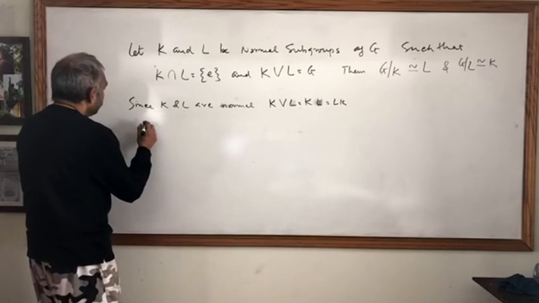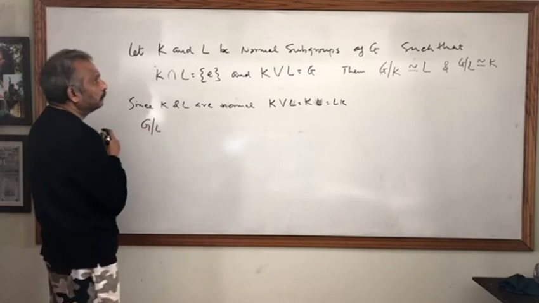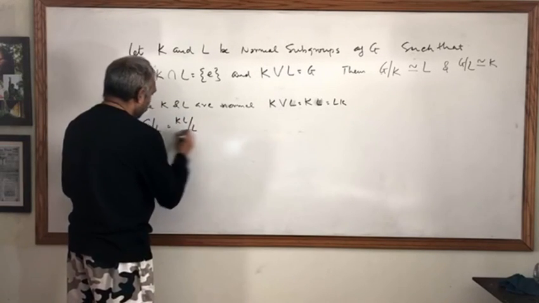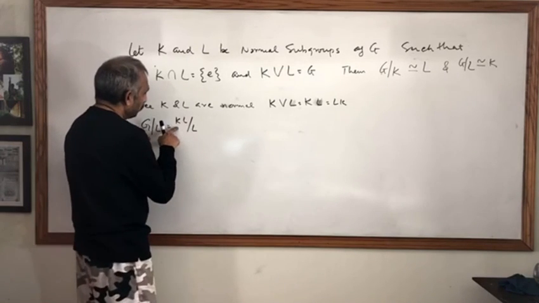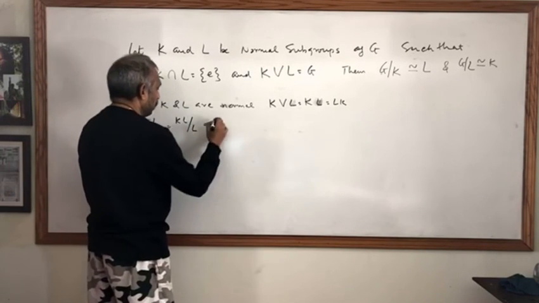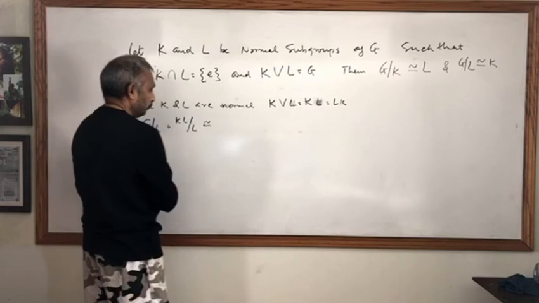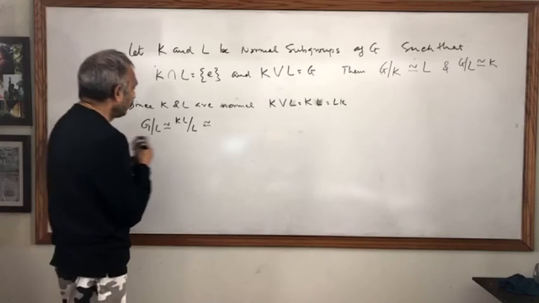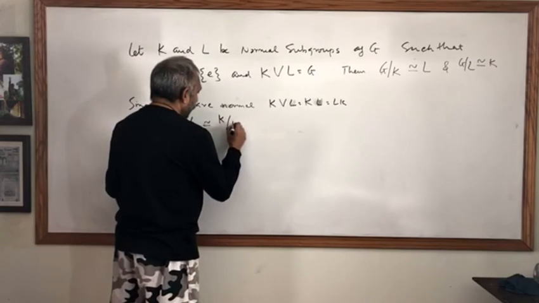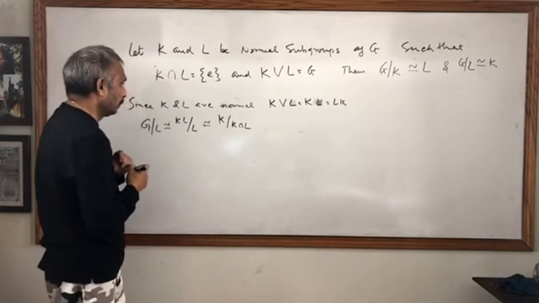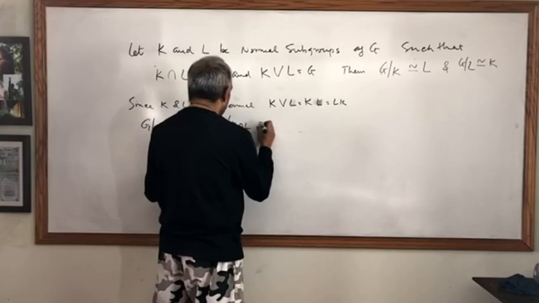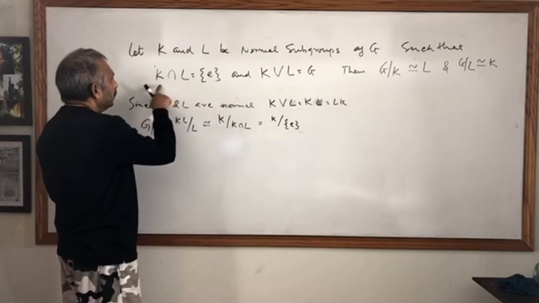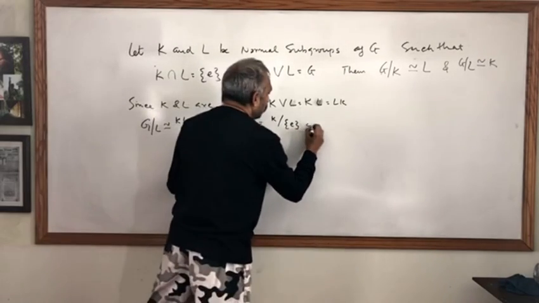So G over L is equal to KL over L, and with the second theorem it is isomorphic to K over K intersection L, and that is equal to K over E, because the intersection of L and K is E, and that is equal to K.